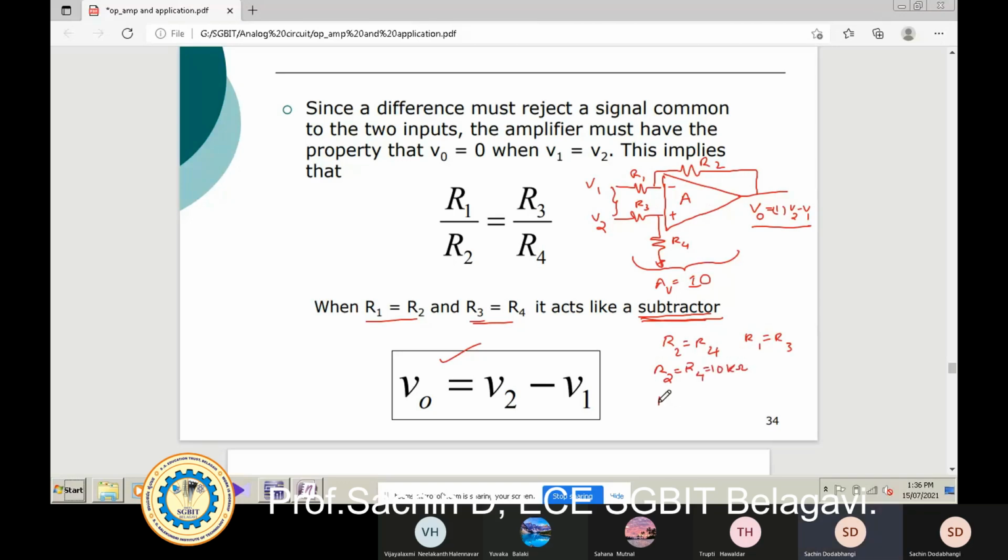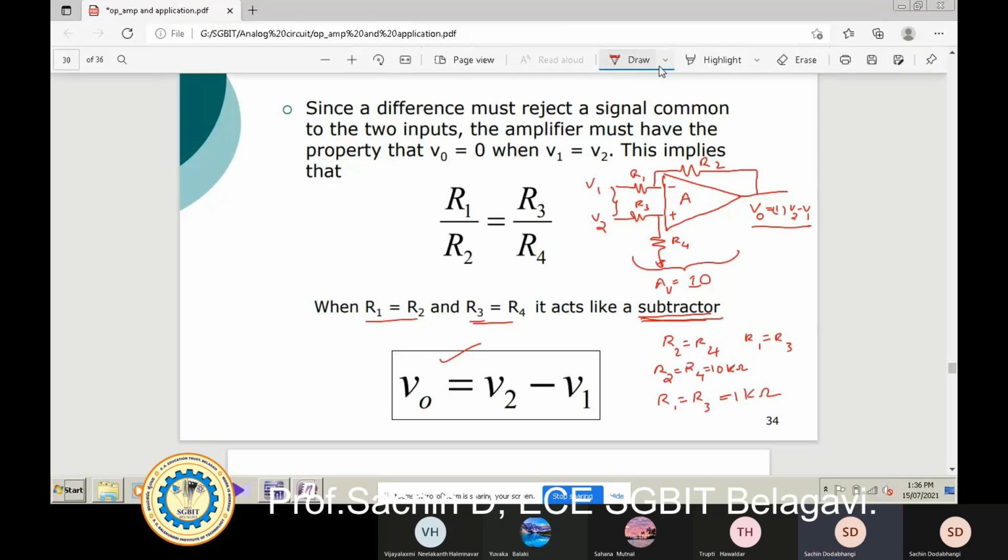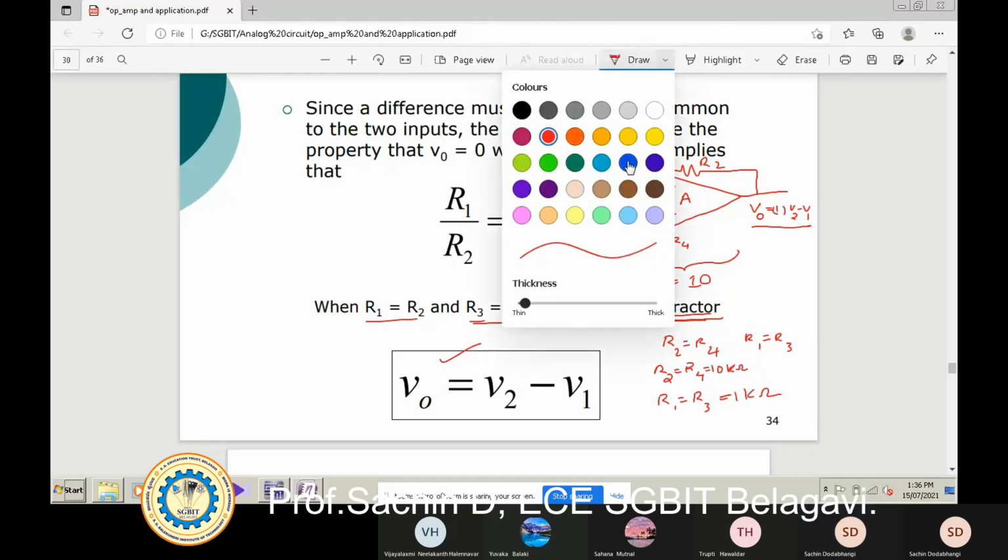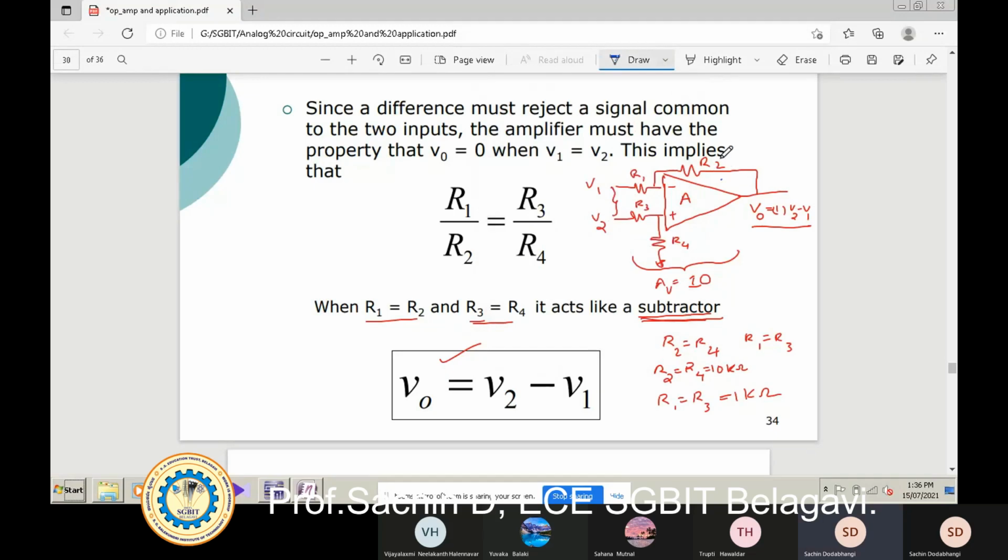Similarly, R1 equal to R3, that is equal to 1 kilo ohm, right? So here I will write the R2 value as 10 kilo ohm and R4 also as 10 kilo ohm, whereas R1 I'll take as 1 kilo ohm and R3 as 1 kilo ohm.